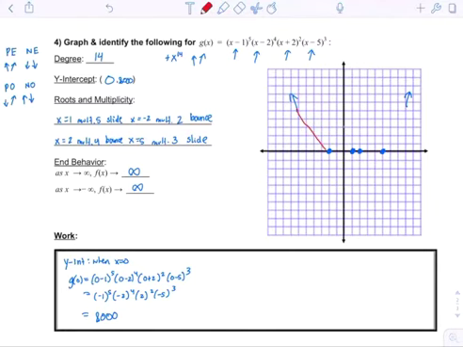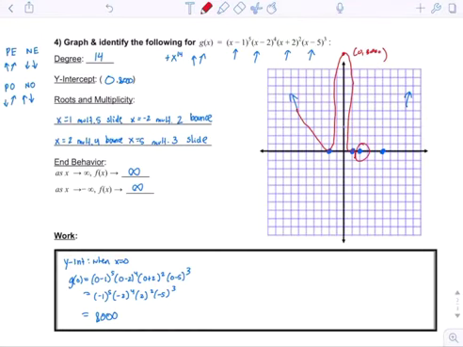Since (0, 8,000) is somewhere in the stratosphere, I'm just going to graph it like that so it reaches it. The next 0 we're looking at is x equals 1, which is right there, so it's going to be a slide.